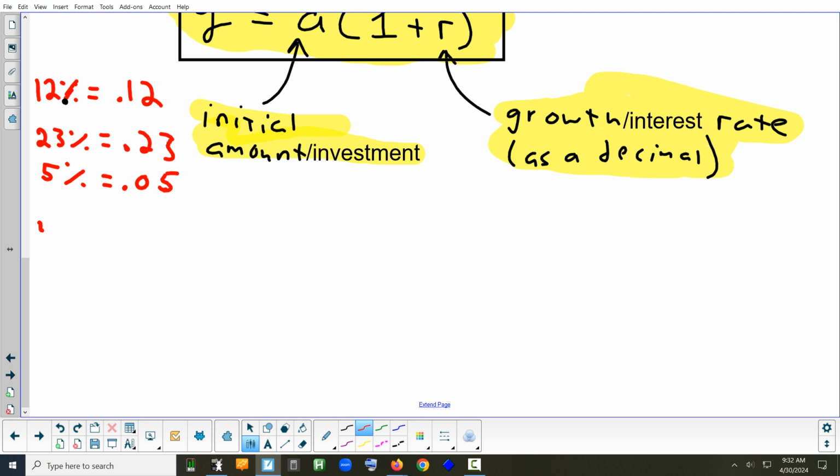How about 4.2%? 0.042. Yep. So you always take the decimal place and you move it 2 to the left. That's how you change the percent to a decimal.